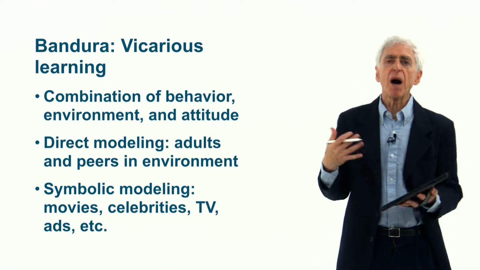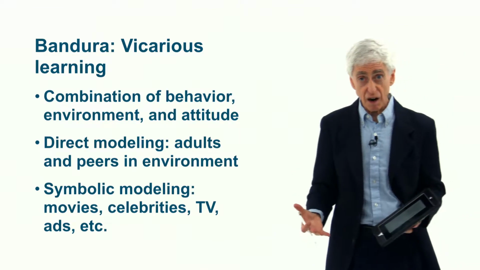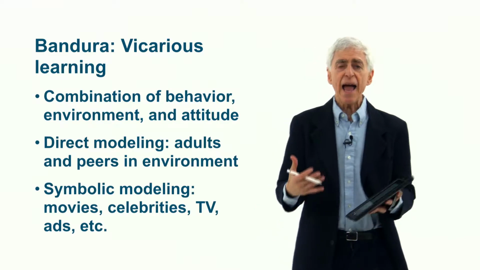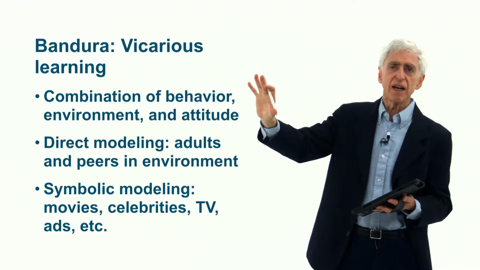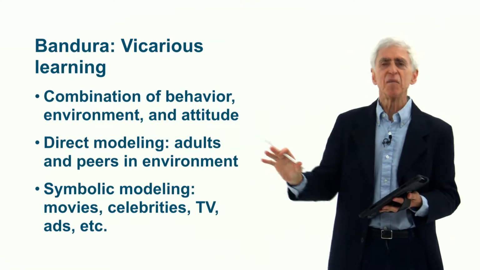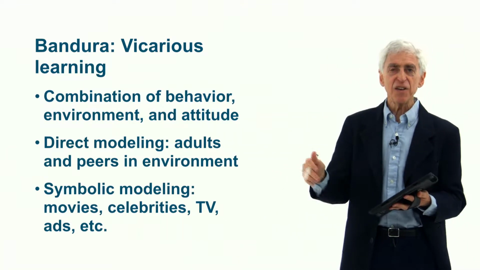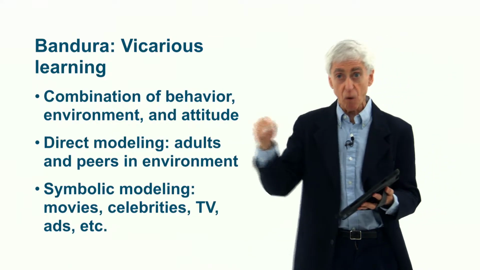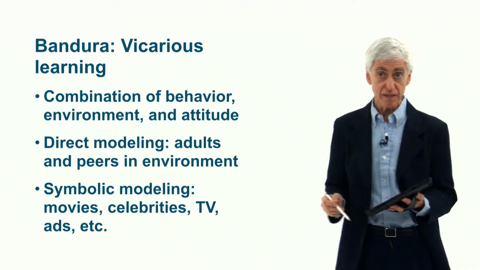But there's also symbolic modeling. You watch movies, you watch movie stars, you watch TV, you watch advertisements. And again, these symbols on a screen, you watch not only what they do and how they do it, but you see the rewards of what they're doing. And you say, oh, I want to be more like that, so I'll start behaving more like that so I can get the rewards that that person got.